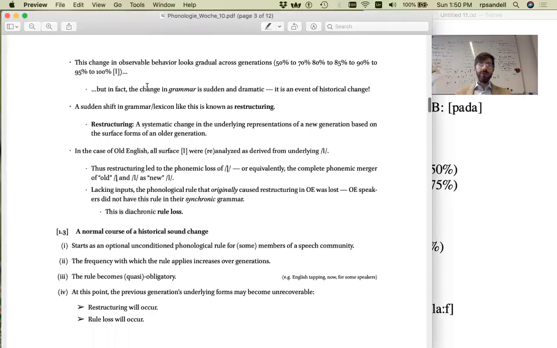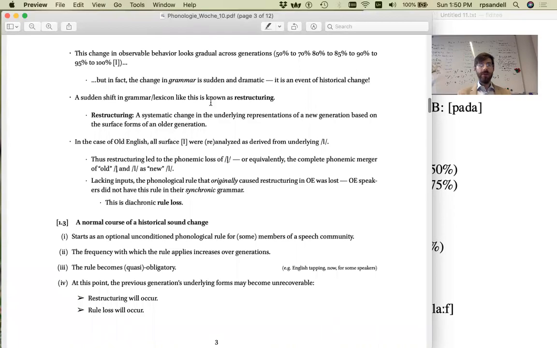And this sudden shift in the grammar and lexicon we call restructuring. And we'll define restructuring here as a systematic change in the underlying representations of a new generation based on the surface forms of an older generation.